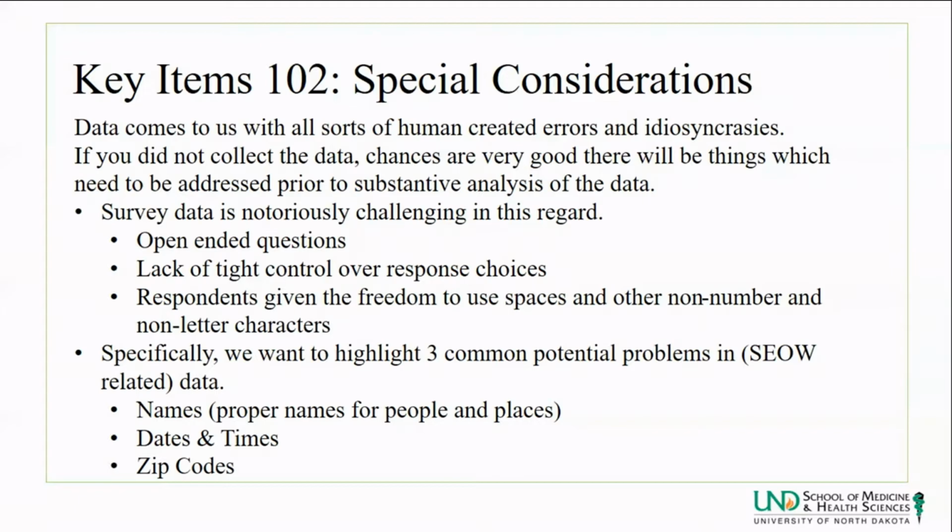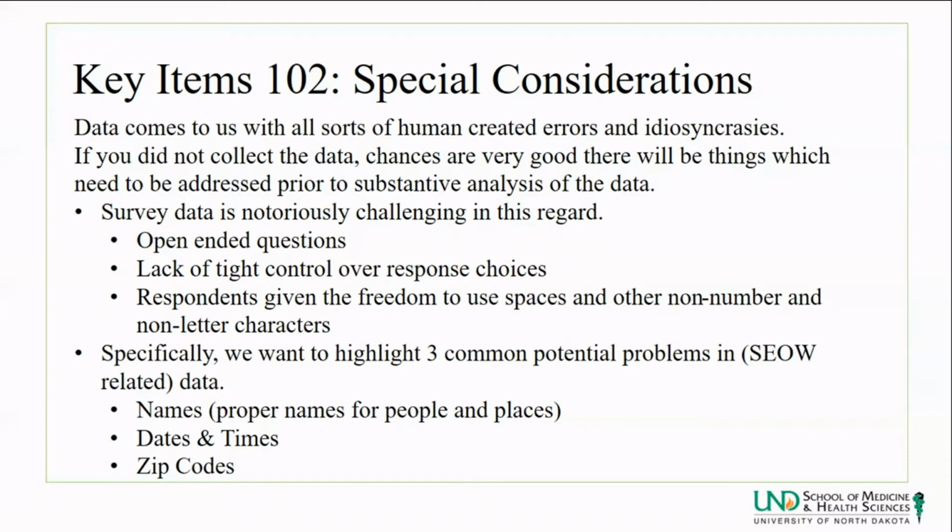Anyone who's ever developed a survey knows that the first time you start getting data back, immediately you're going to find things you could have done better, because respondents will find ways to make that data difficult to look at. So when you have things like open-ended questions where folks can write in an entire paragraph when you were really only expecting 1 or 2 or 3 words, things like that.